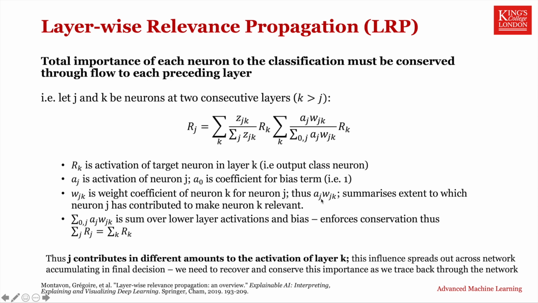And this AJWJK essentially is summarizing the extent to which that neuron J has contributed to make neuron K relevant.